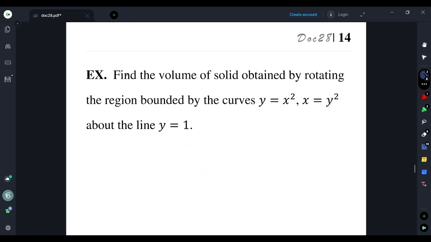Okay, so next example, we're going to find the volume of the solid obtained by rotating the region bounded by the curves y equal to x squared and x equal to y squared about the line y equal to 1.